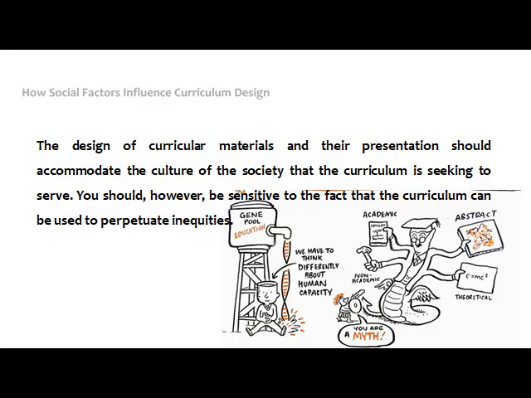The design of curriculum materials and their presentation should accommodate the culture of the society that the curriculum is seeking to serve. You should, however, be sensitive to the fact that the curriculum can be used to perpetuate inequities.